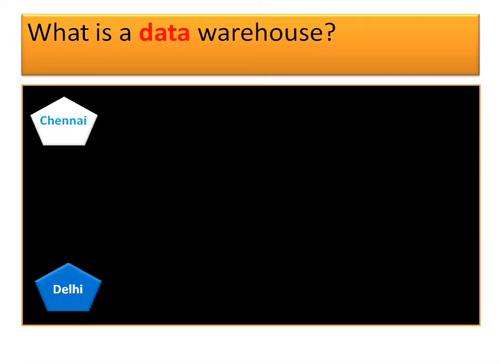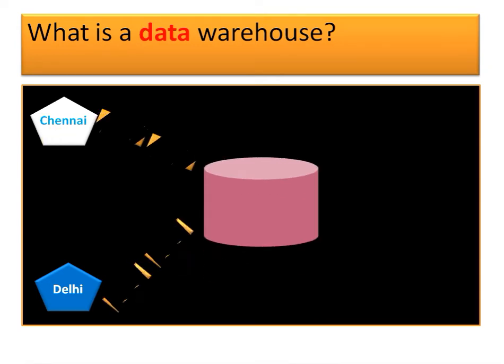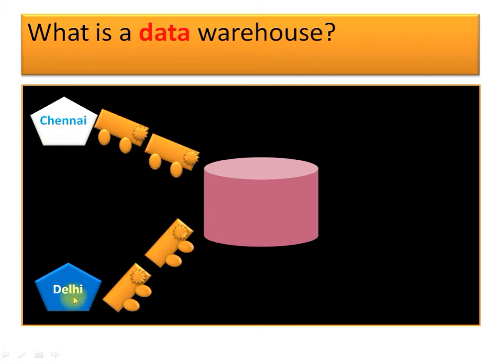So what is a data warehouse? We have seen the warehouse concept, so what is a data warehouse? It's a similar fashion in plain English. When you explained with AC and fridge, instead of that just consider it as data. Here you can see data from both the Chennai location and Delhi location databases. We are moving the data into a single database.